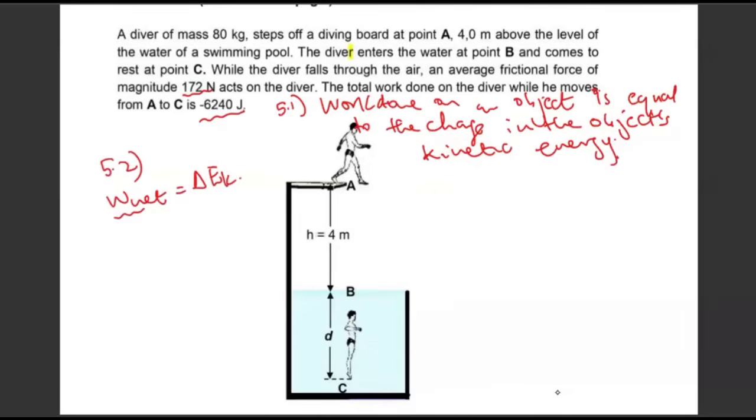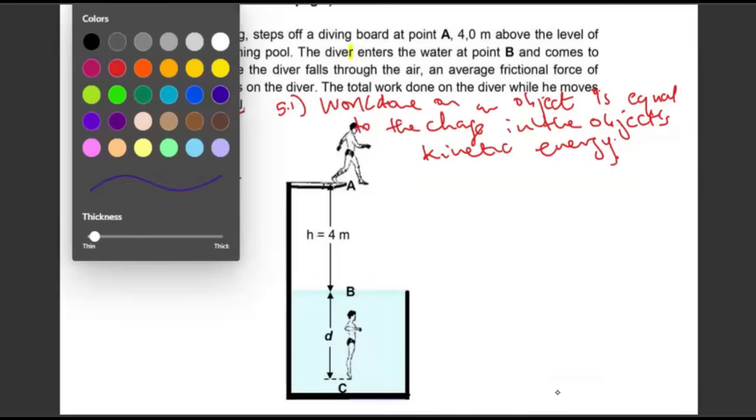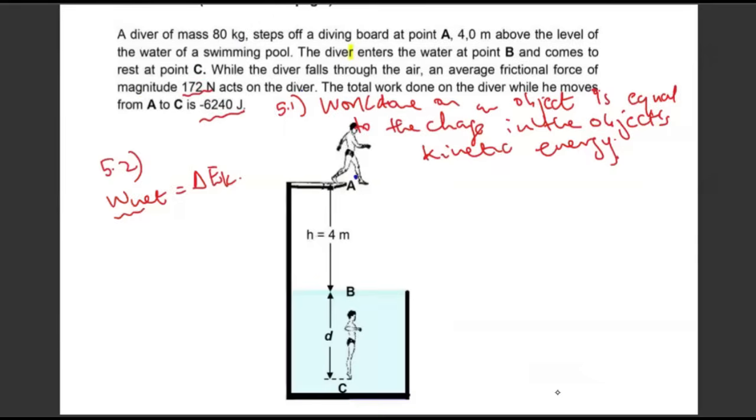So before I even start, if I were to look at the free body diagram of this guy, there's weight, and then we say there is a frictional force that is acting to oppose the direction of the motion. So since this guy is going down, meaning that the weight is going to be greater than the frictional force.